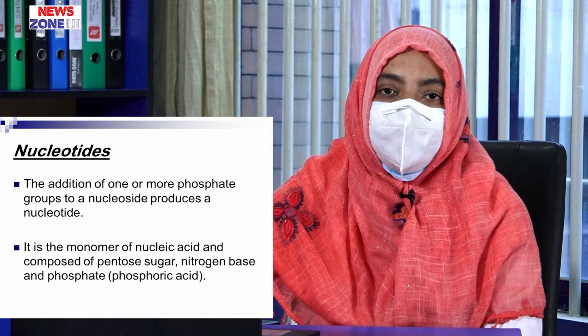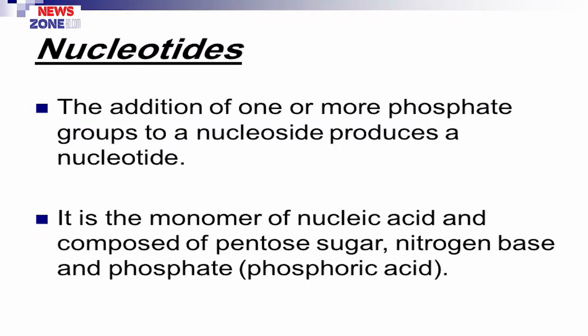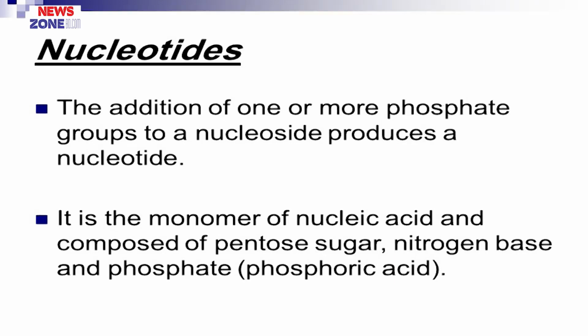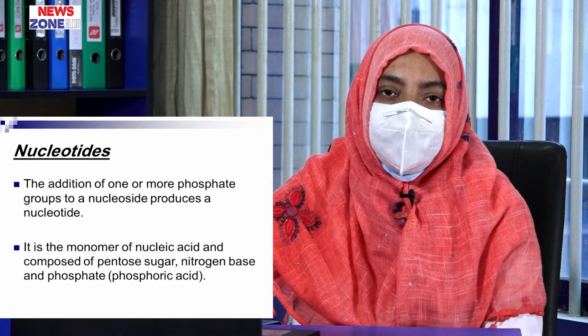Now come nucleotides. The addition of one or more phosphate groups to a nucleoside produces a nucleotide. It is the monomer of nucleic acid and is composed of pentose sugar, nitrogen base and phosphate.